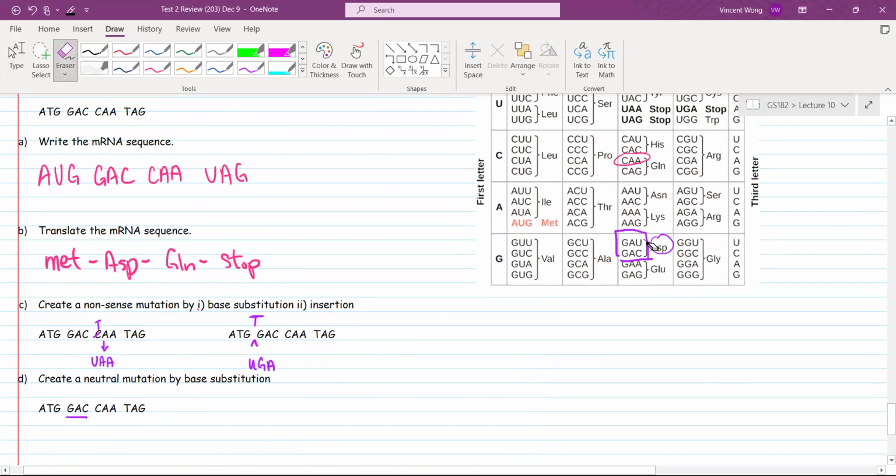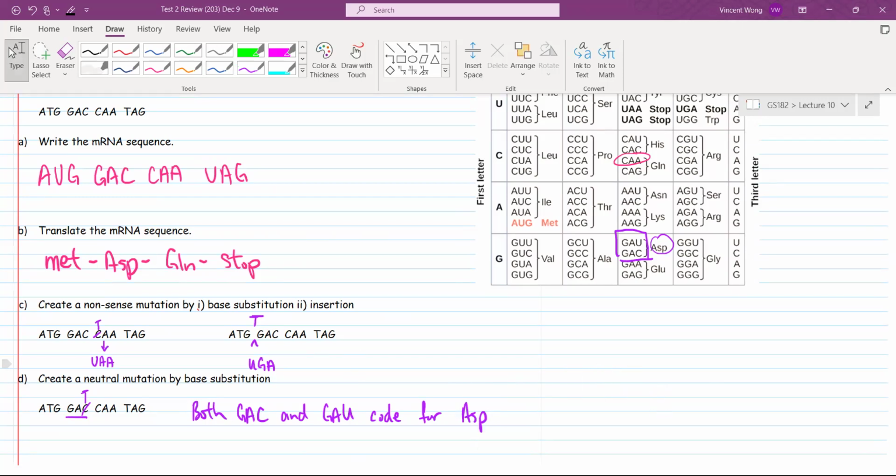But GAU also codes for ASP. So that means I can change this last one to a T, and it would be neutral. Both GAC and GAU code for ASP. No change in the amino acid. That's a neutral mutation.